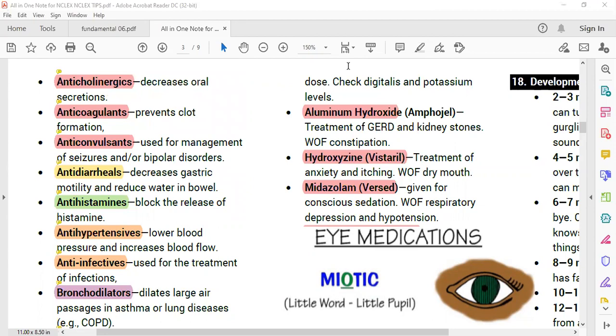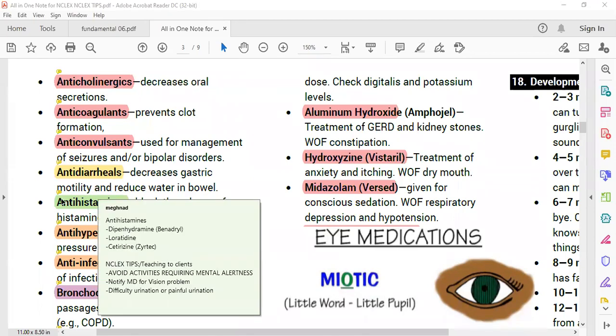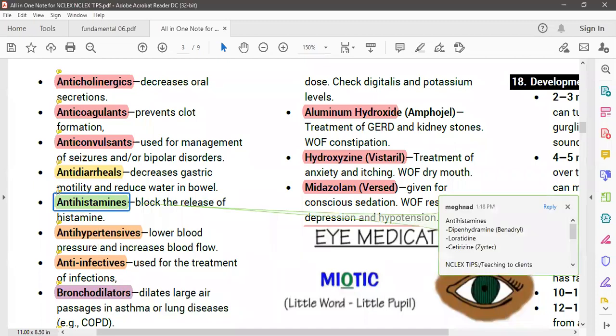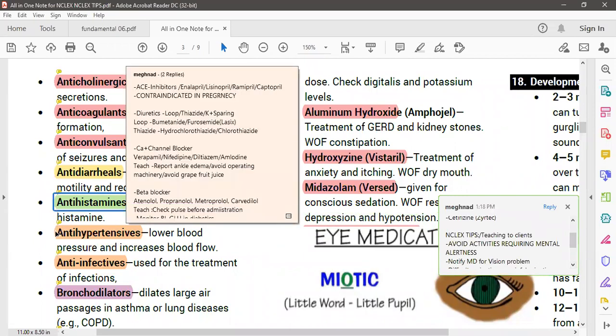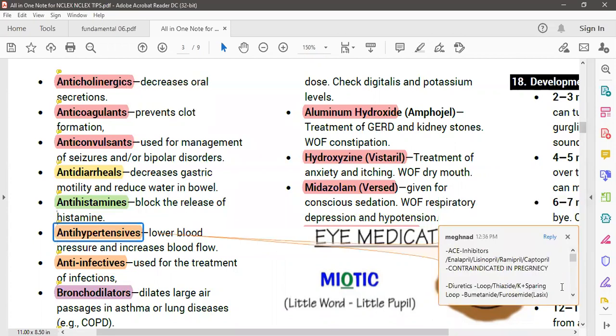Let me explain an easy way to remember this if our patient takes a beta blocker. In this box, we can see the beta blocker here.